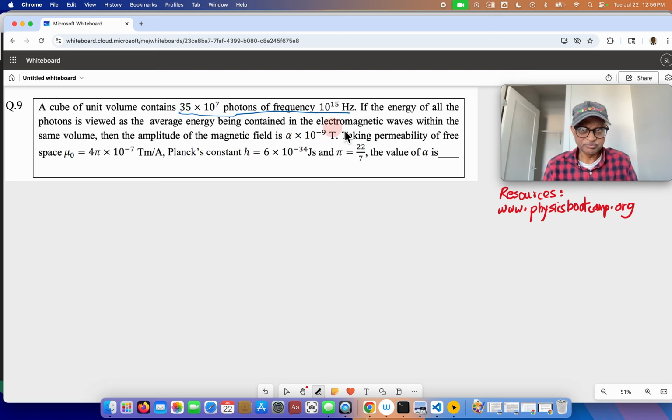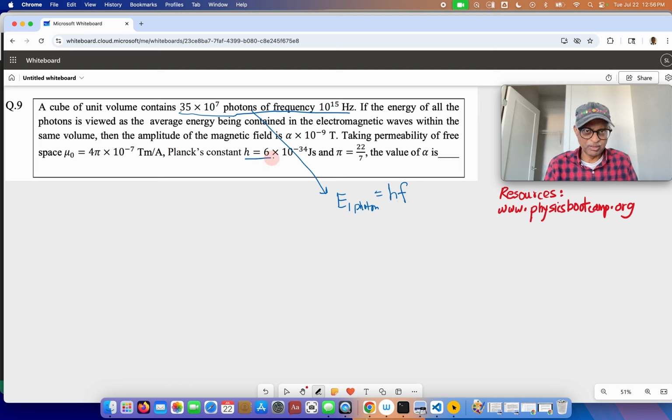Now, if all of the energy is viewed as average energy, each one of the photons will have energy, each one photon, equal to Planck constant times the frequency of the photon.